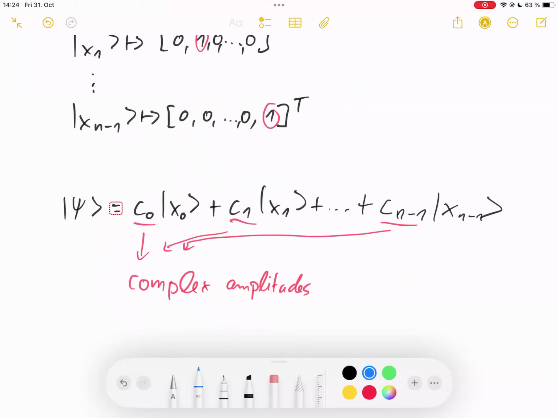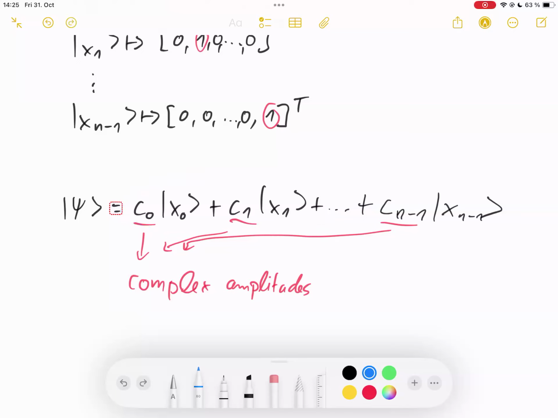Next week, when we do quantum computing, we will actually only have these two left, because we have a 0 ket and a 1 ket, and the qubit, which is the fundamental unit in a quantum computer. We have 0 and 1, and we're in parallel, so we have a superposition in both of them. But that's something we'll see next week. Today, we look at this from a much more generic perspective.